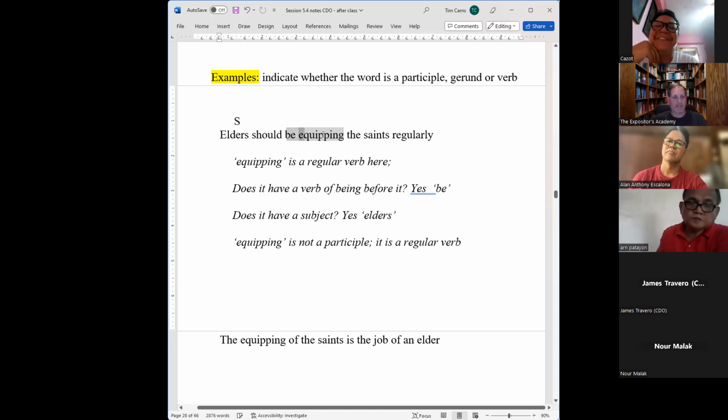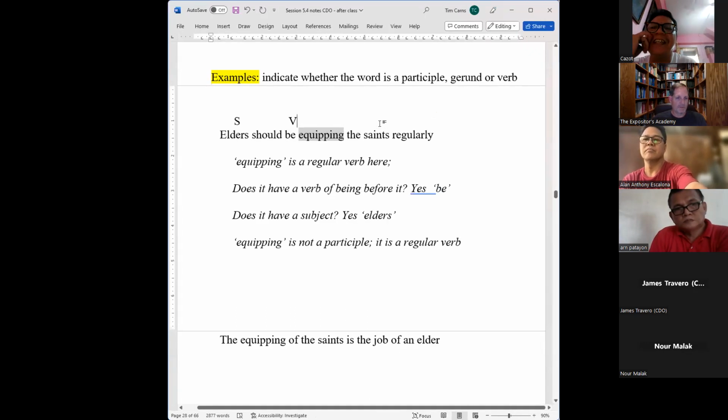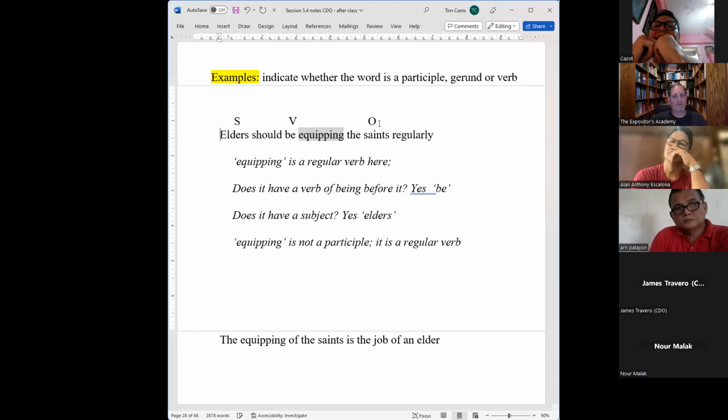It's the action of the subject. Elders should be equipping the saints. So should be equipping is my verb, and then the saints is my object. When? Regularly. Okay.